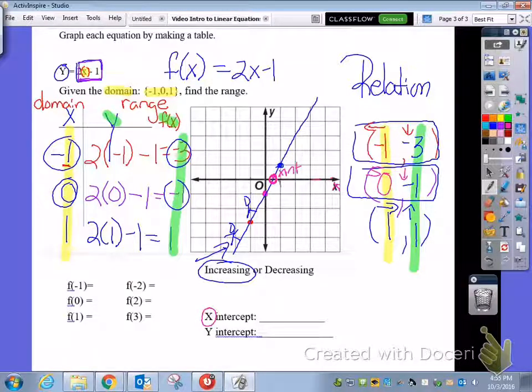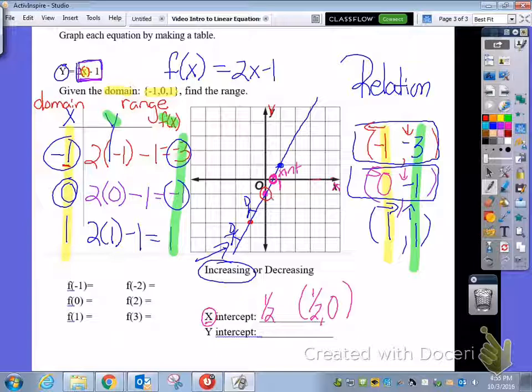It is between 0 and 1. So what is between no money and $1? That's 50 cents. So it's a half. Now remember, when you have an intercept, if it's the x, it goes in the x spot, and the other number is a 0.